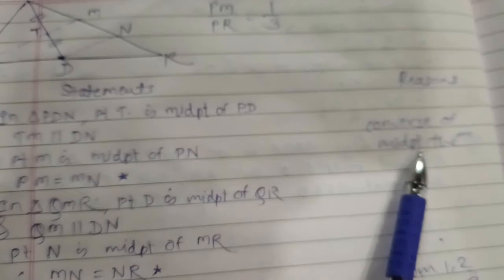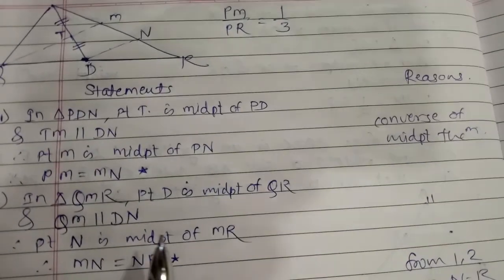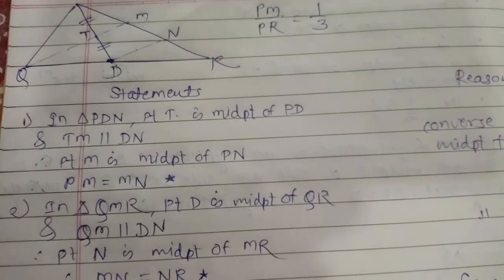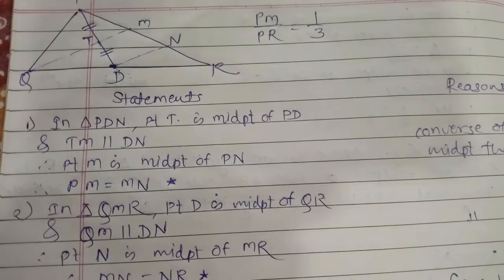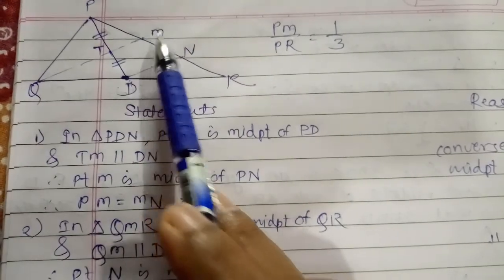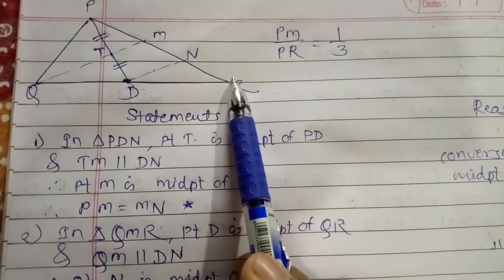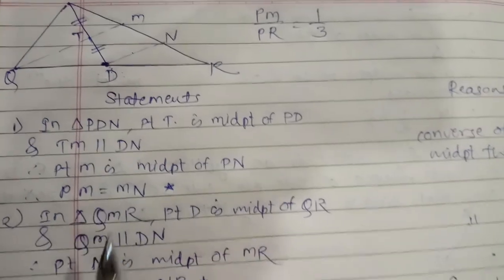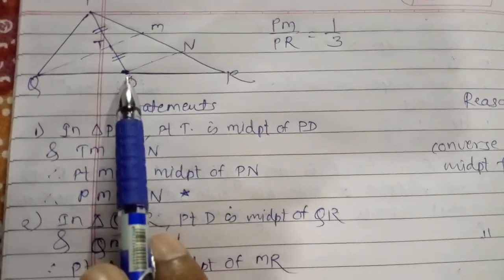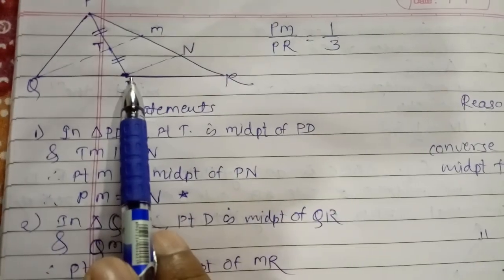So the reason is the converse of the midpoint theorem. Next, in triangle QMR, see the triangle QMR. So in this triangle, point D is the midpoint of QR. So this is already given, that point D is the midpoint of QR.